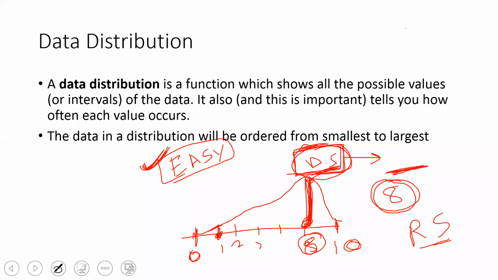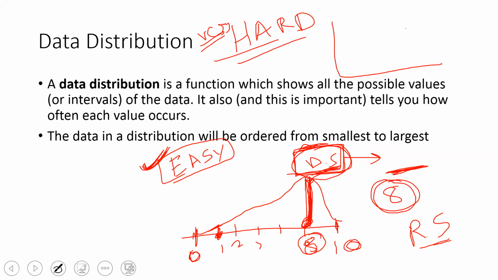Now suppose the test is hard. Now I have made a very hard test. So what will happen? How will the distribution be?